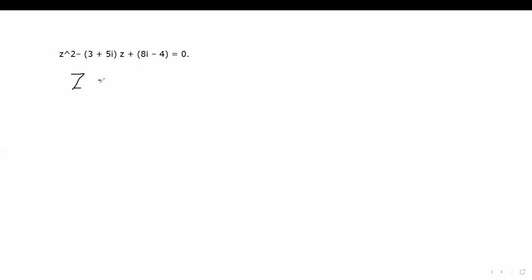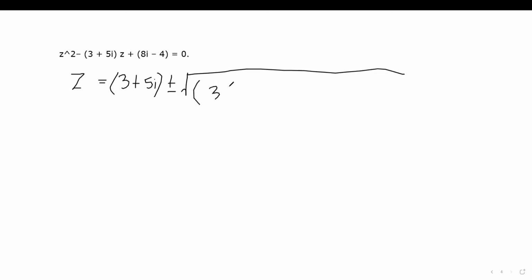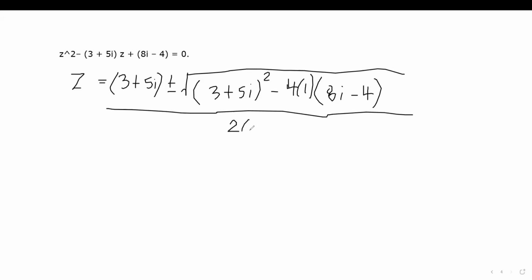Solving this, z is equal to minus b, which works out to be 3 plus 5i, plus or minus the square root of b squared minus 4ac. So it's plus or minus the square root of 3 plus 5i squared minus 4 times a, the coefficient of z squared, which is 1, times c, which is 8i minus 4, all over 2a, all over 2 times 1.